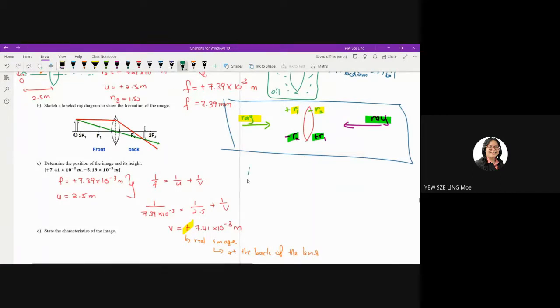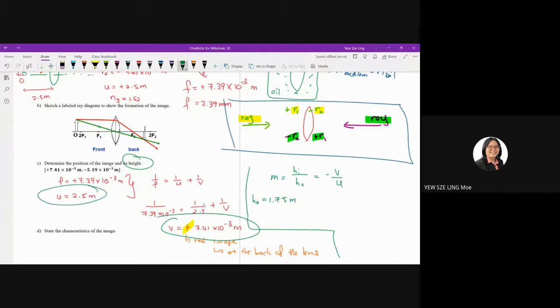Then the second part of the question asks you to determine the height. The only equation that comes with height is m. M equals hi over ho equals negative v over u. Given the object height is 1.75 meter, so we have ho equals 1.75 meter, v from here, and u is 2.5.